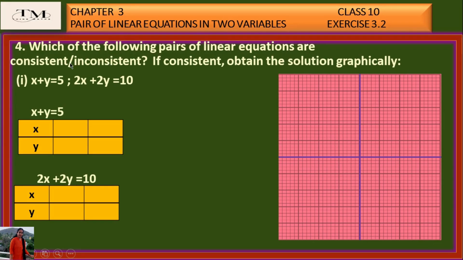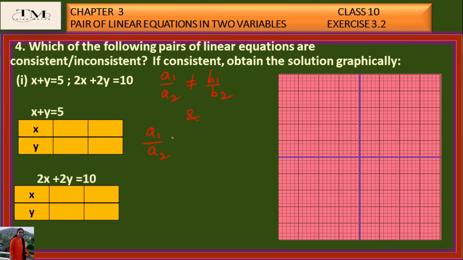So, if the ratios are unequal, that is, A1 by A2 is not equal to B1 by B2, then it is consistent. Or if A1 by A2 equal to B1 by B2 equal to C1 by C2.